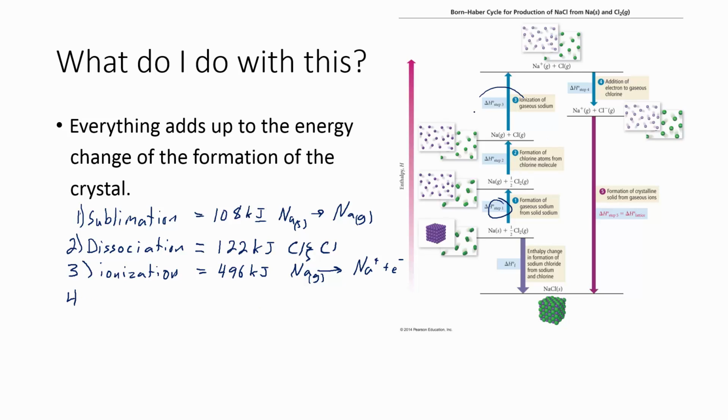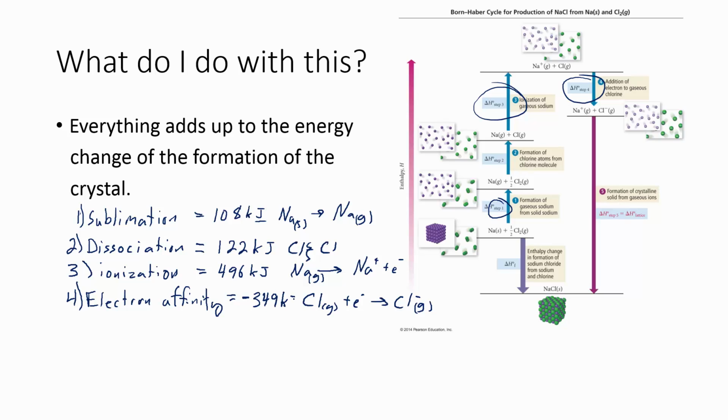And then finally the electron affinity is a step where we get energy back from it, where we take a chlorine atom, add an electron, and get chloride gas ions, and we get back, so we're going to say negative 349 kilojoules worth of energy.